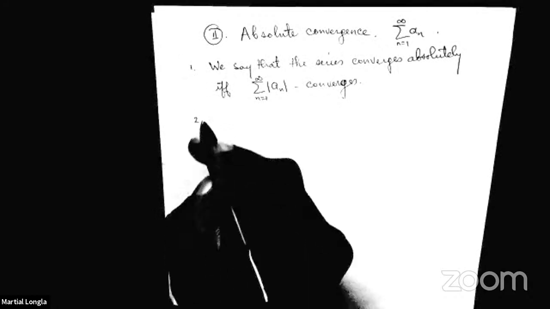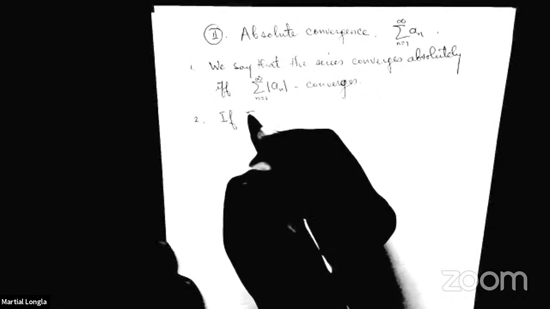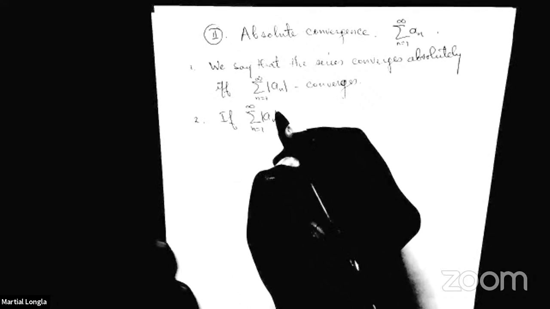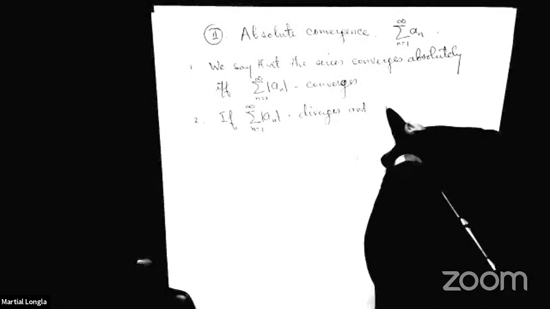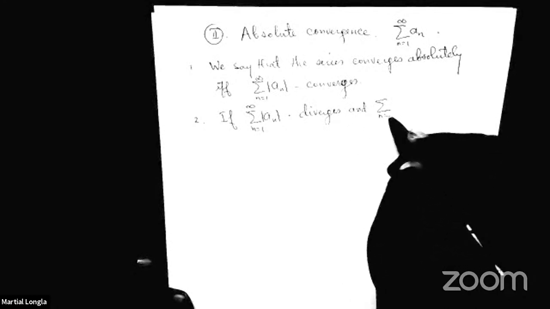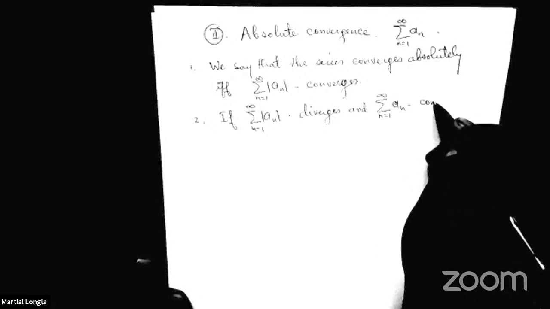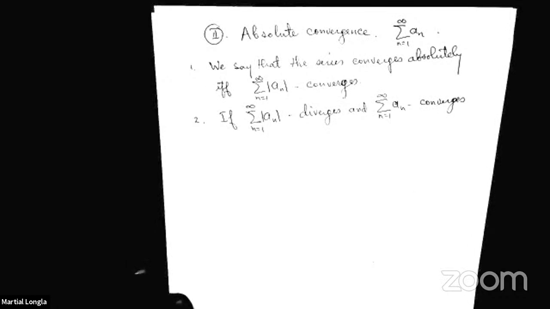Now, that's the first definition. And the second definition: if the sum from n equals 1 to infinity of the absolute value of a_n diverges, and the sum from n equals 1 to infinity of a_n converges, because actually we can decide that the sum of a_n converges.